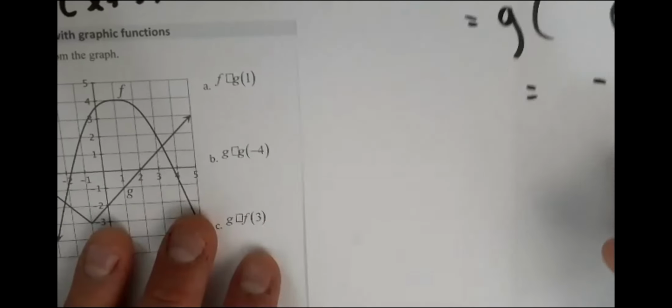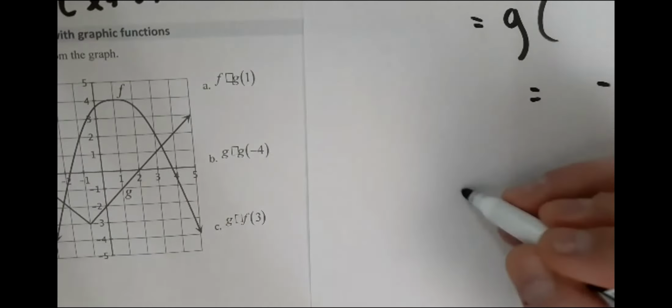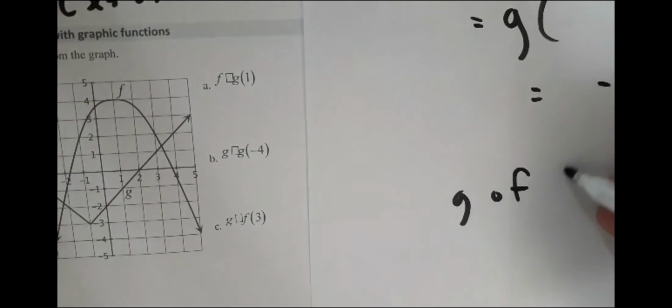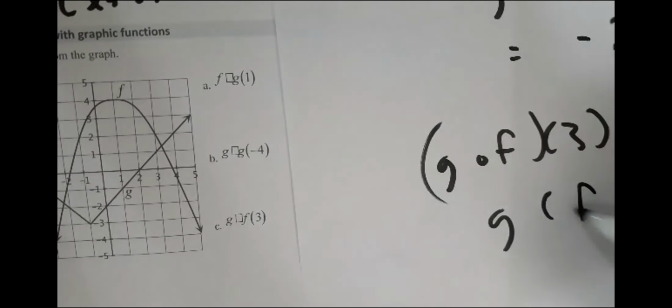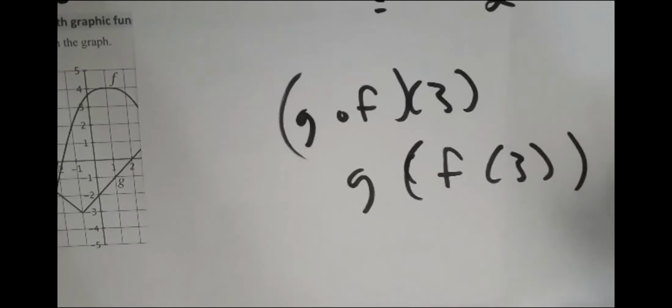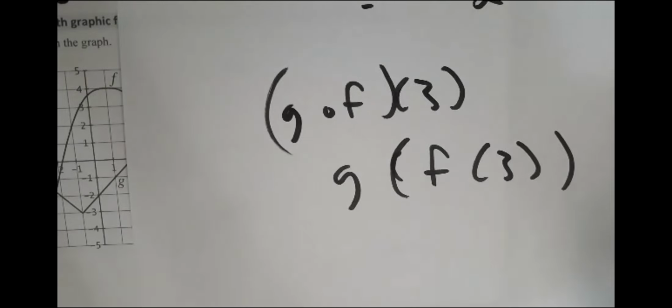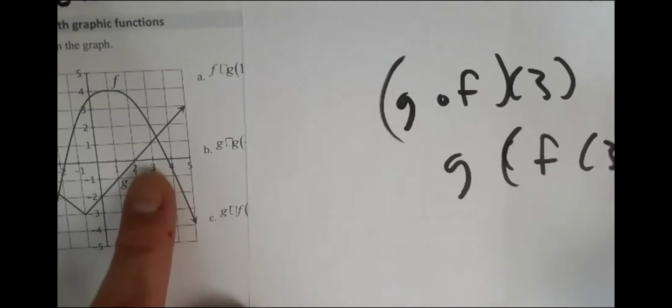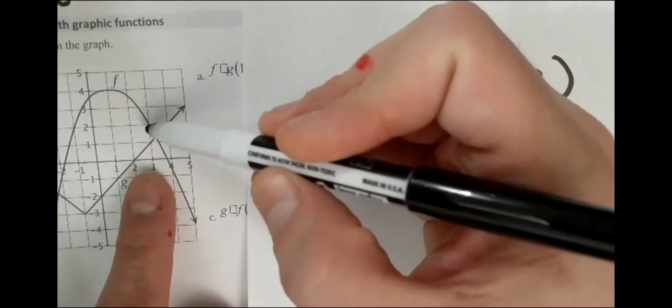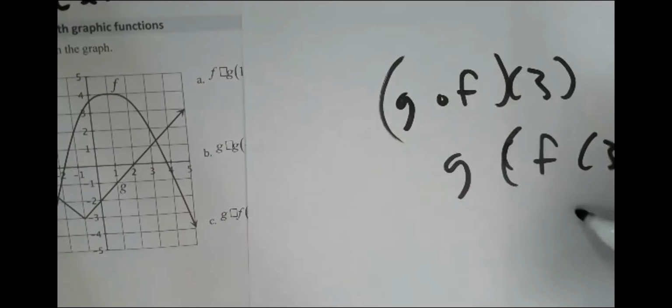Okay. And the last part, C. This is g of f of 3, which means g of f of 3. Write out your definition. We look on the inside, f of 3. So I want to go to my x value. I want to see what my y value at f is, which is 2.